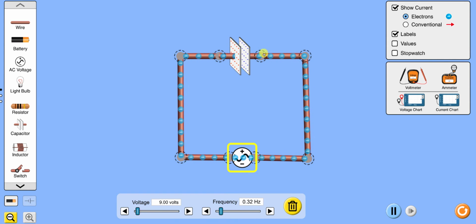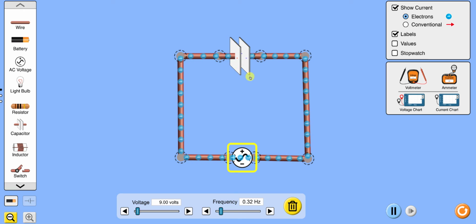In a similar fashion, when electrons are moving towards the right plate of the capacitor, it becomes negatively charged, and when they move away, it becomes positively charged. Because the electrons are going back and forth, right now this has a negative charge, but then positive, and then negative again, and then positive again, due to this oscillating motion of the electrons left and right, which originates from the fluctuating potential difference of the AC power supply.